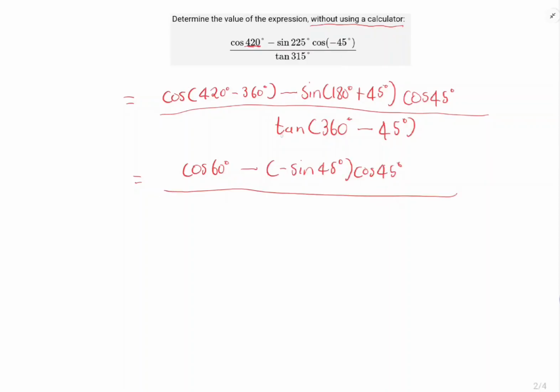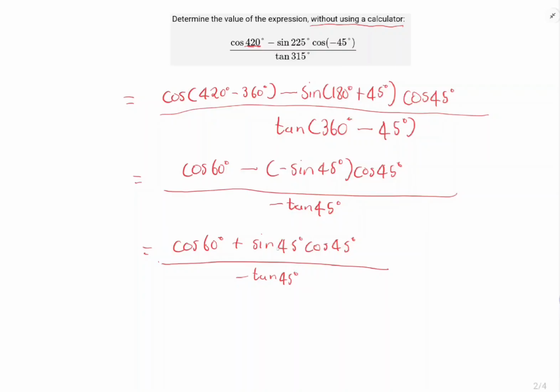Tan of 360 minus 45 is in the fourth quadrant, so it's going to be negative because tan does not belong there. Tan 45 degrees, right? So we're going to get cos 60 degrees plus sine 45 degrees cos 45 degrees over negative tan 45 degrees.